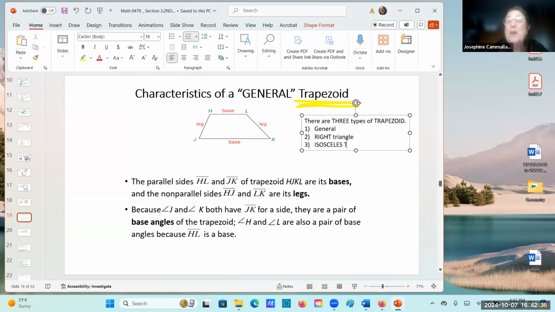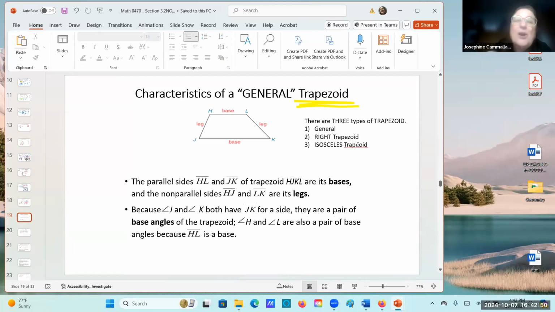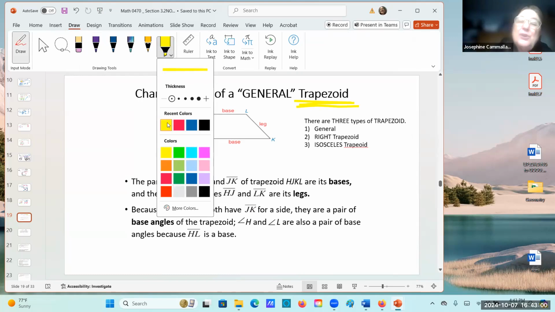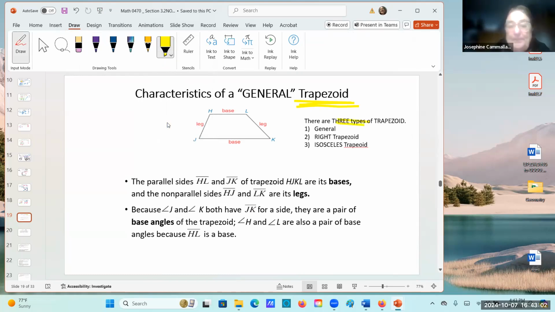And my last one is called an isosceles trapezoid. There are 3 types of trapezoids, and we are going to begin with the general.